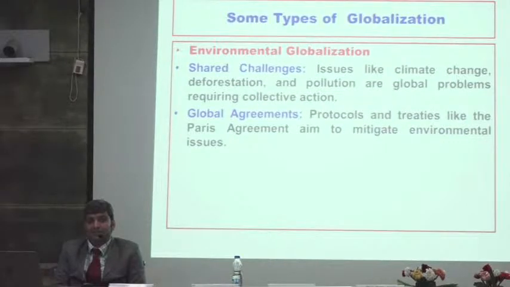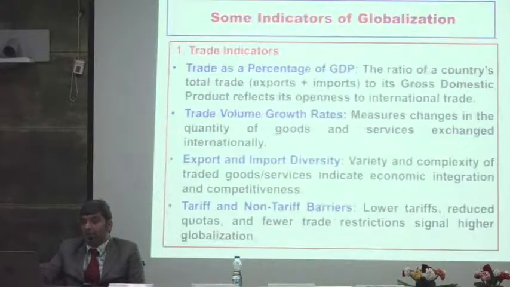So there is a concept of climate finance as well. This is also an indicator of environmental globalization. Global agreements, protocols and treaties like the Paris Agreement aim to mitigate environmental issues across the world, not for one or two countries. So these are some types of globalization in the world in which we are living.